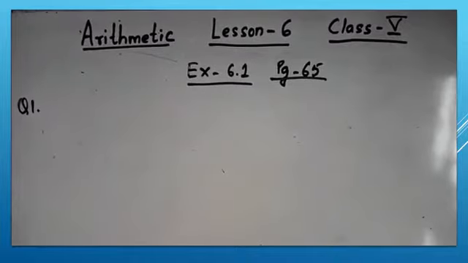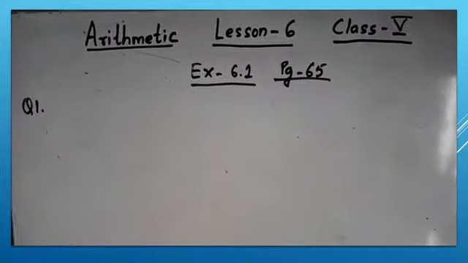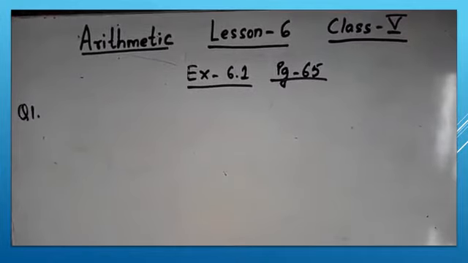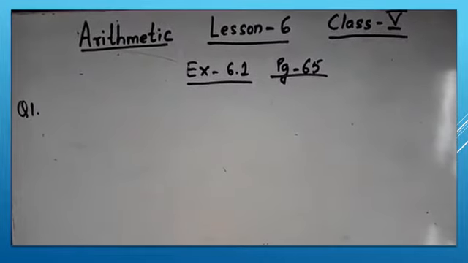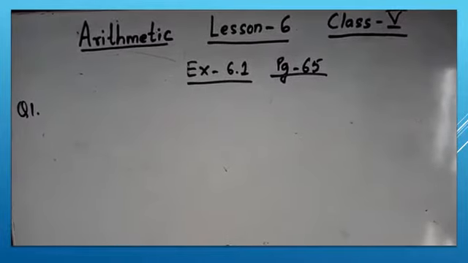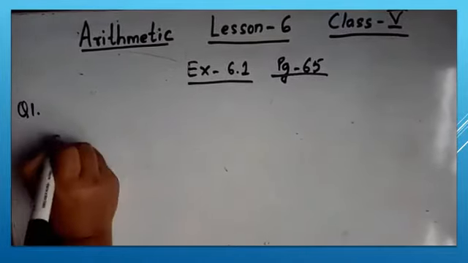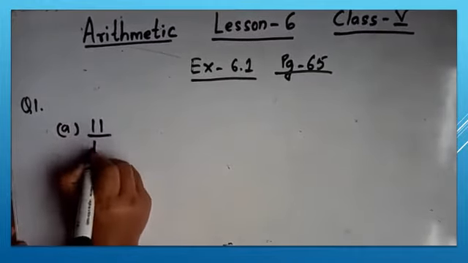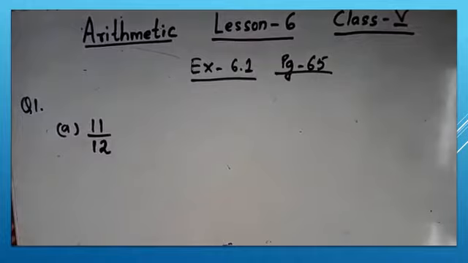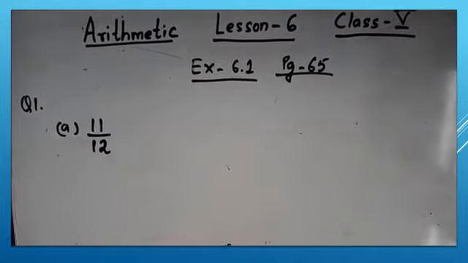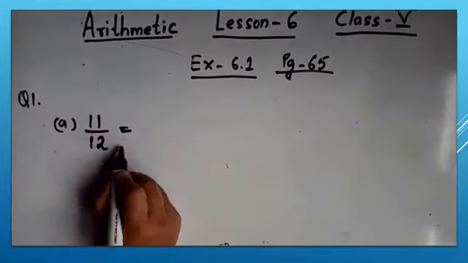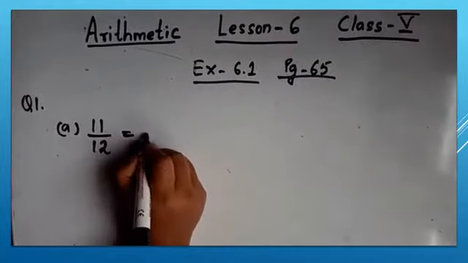Now students, let us try to solve exercise 6.1. Turn with me to page 65 and read question 1. Find an equivalent fraction to a given fraction using multiplication. So we have to find the equivalent fraction. I have already explained what an equivalent fraction is. So we have to multiply both the numerator and the denominator with the same number.